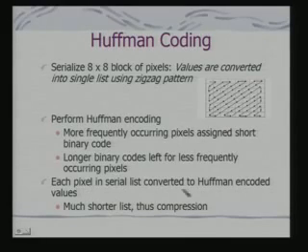So each pixel in the serial list is converted to Huffman encoded values, a much shorter list, and thus compression, because we are not using the same number of bits for representing each and every pixel value. You are using a different number of bits depending on the probability of occurrence of that pixel value. In fact, you do not use individual pixel values, but you look at a group of these values for the purpose of Huffman coding. So this is another computational task.